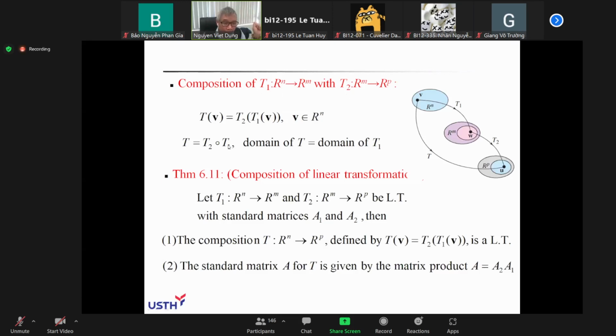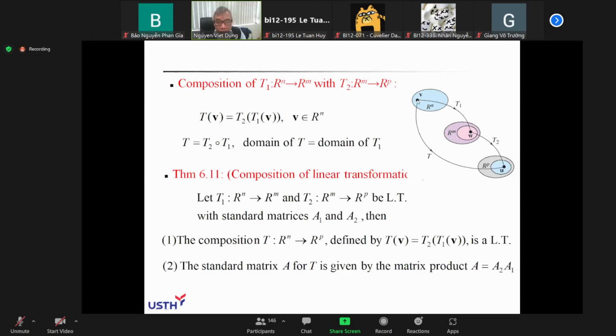By notation we write T equals T2 composed with T1. And how can we define it? It is very easy, at least for me, but I believe for you too. It's easy if you look at the illustration here.